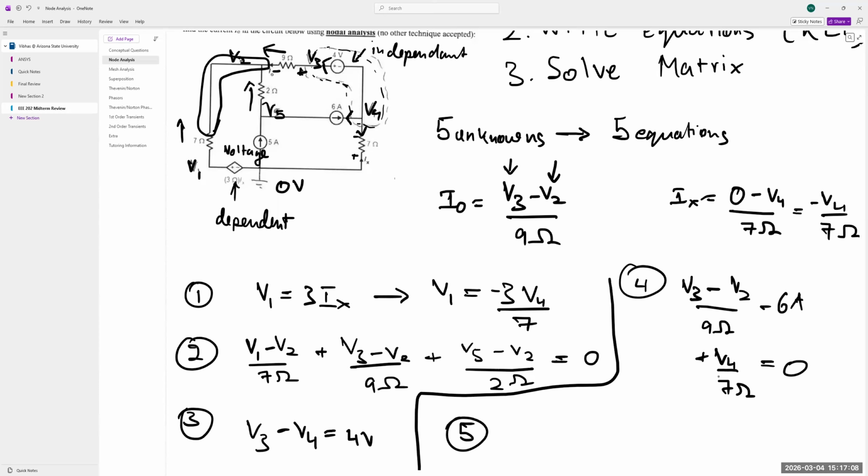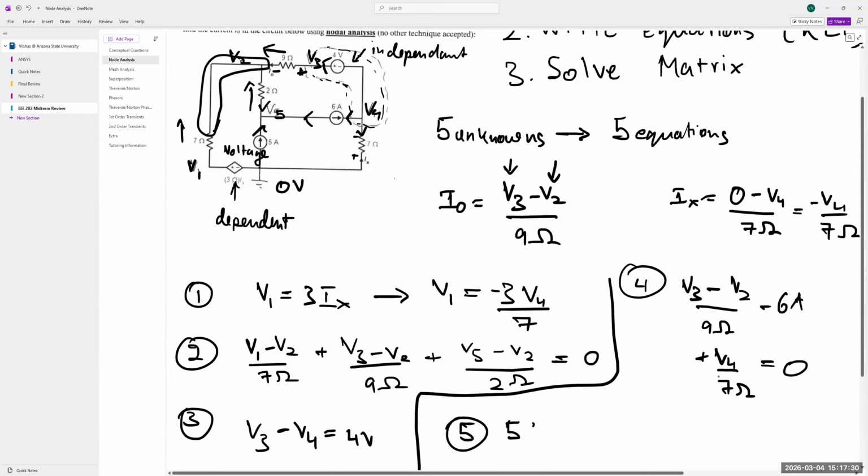For our fifth equation, we're going to look at V5. There's current coming in here, there's current leaving here, and there's current leaving here. So we've got to make sure that all of them are facing the same direction. Let's just consider all the currents that are coming in. They've got to add up to 0.